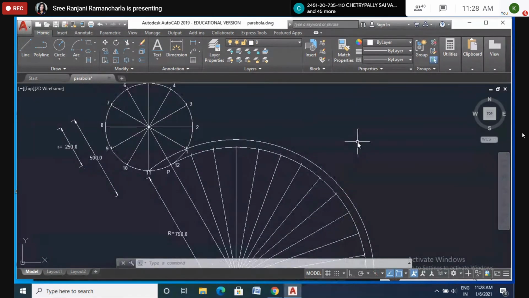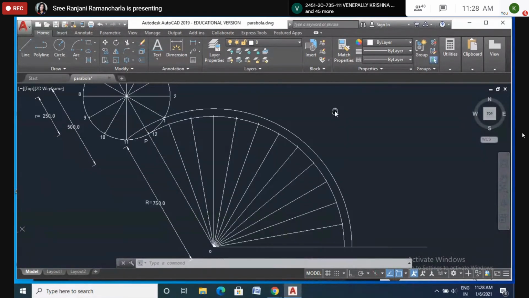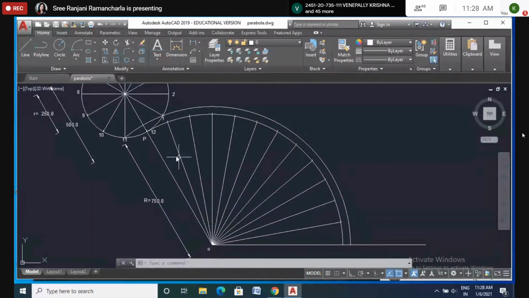Now similarly, take center as O and radius as the length O to 10, but don't draw the line. Just with the compass measure O as center and 10 as a radius, and draw the curve like this.